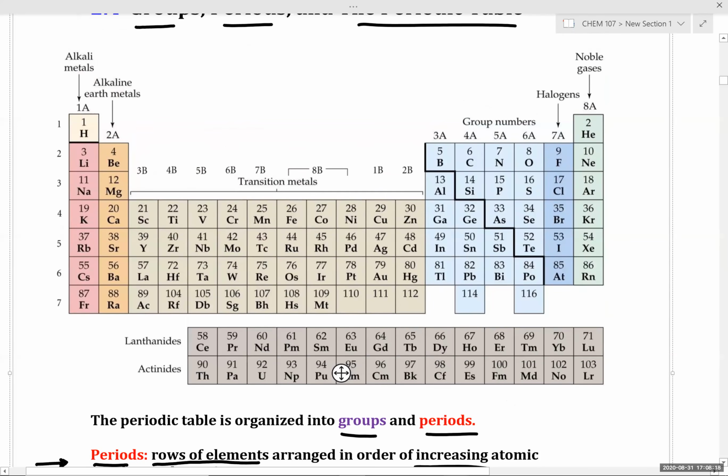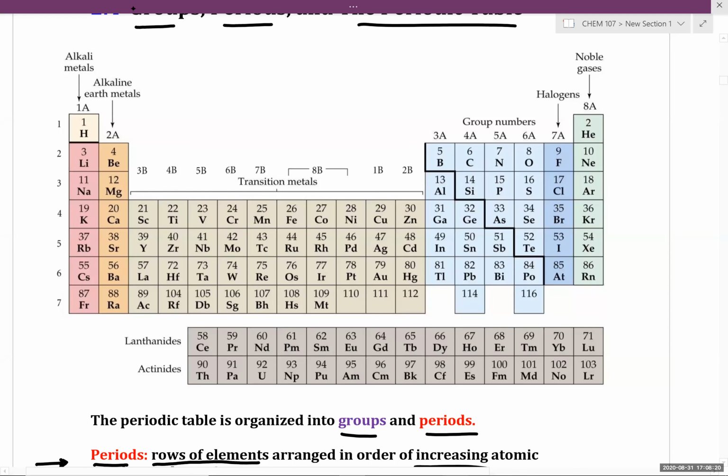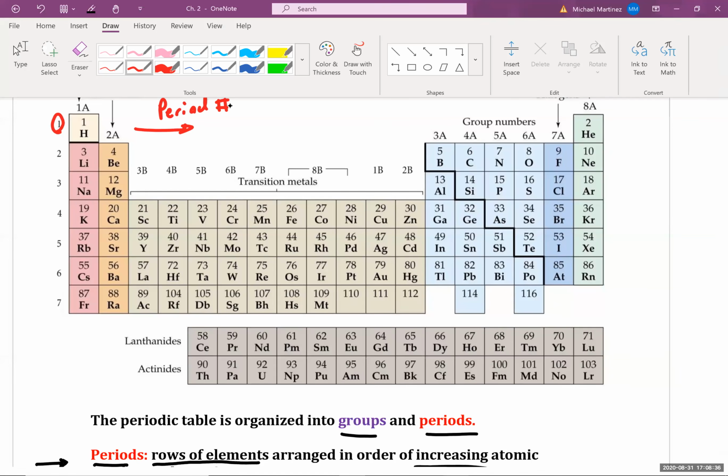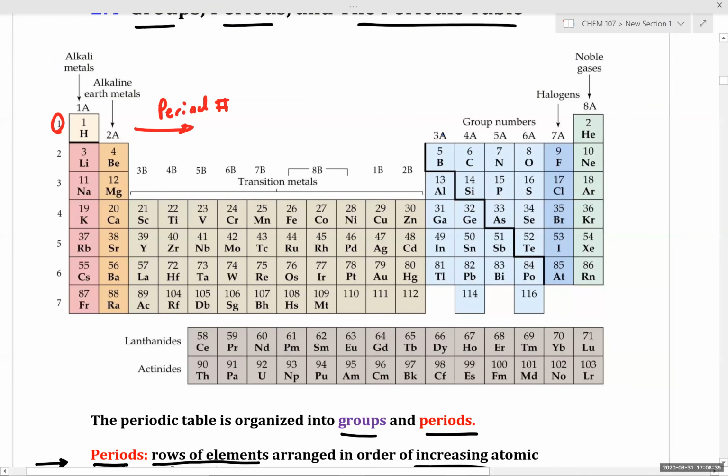So just to annotate the periodic table that we have been provided, the numbers associated with each row indicate the period number, which will be important later on when we start discussing electron configuration. The vertical numbers and letters are group numbers.